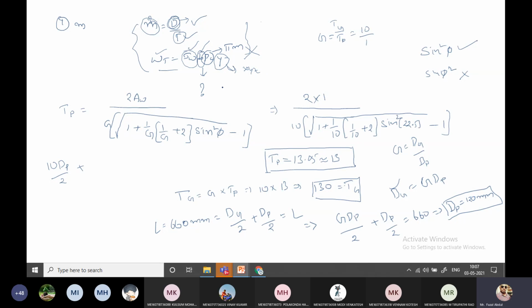So now dp we know, TP we know. We can easily calculate the module. Module is equal to dp by TP. Why am I taking dp by TP? Because dp only I know, dg I don't know. So dp is 120 by TP, which is 13. Now how much is the module? 120 by 13.